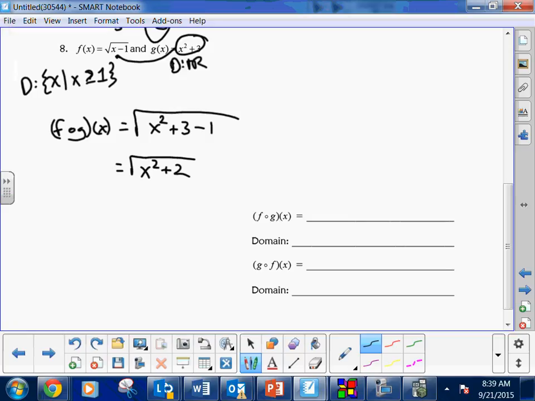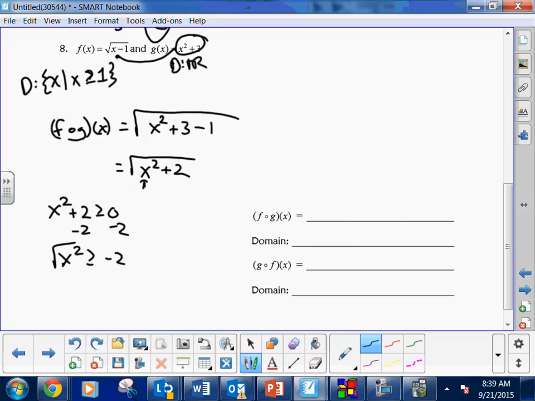But in this case, since we have a square, there's something special that occurs here. I'll tell you right now, if you put any negative x value in there, it's going to automatically make it positive. So this one is actually going to be all real numbers. If you try to do what we were talking about before, setting it equal to 0, you'll get an error, and I'll tell you why.